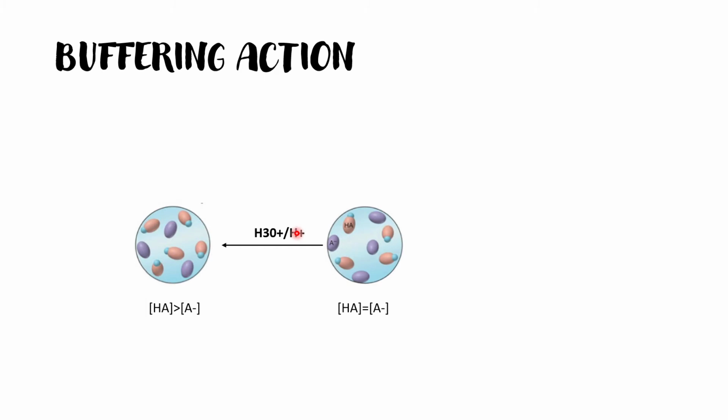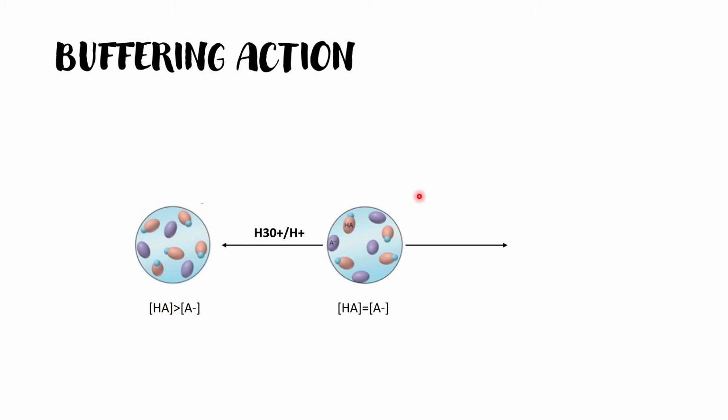So how does the buffering action of a buffer work? At any given time we have an equal concentration of the acid and its base. Now if we add an acid into the system, the base reacts with the added acid and forms more of the weak acid. So after the addition of acid there is more weak acid than its conjugate base.